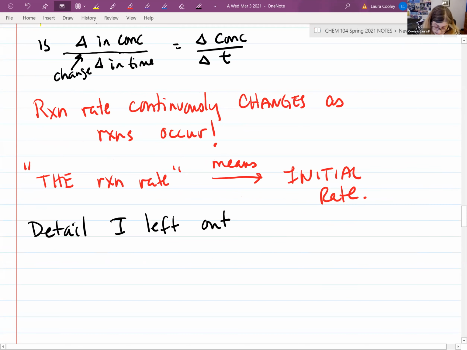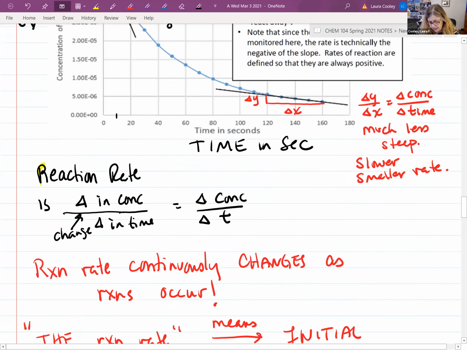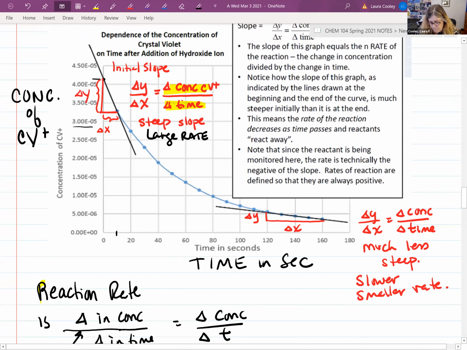So the detail that I left out had to do with the sign of that slope. Okay, so if we go back and look at this graph, this line here has a negative slope, and I just totally glossed over that. So this has a large negative slope.